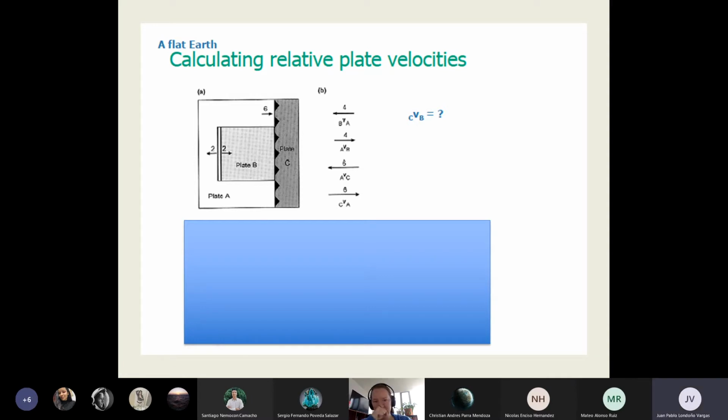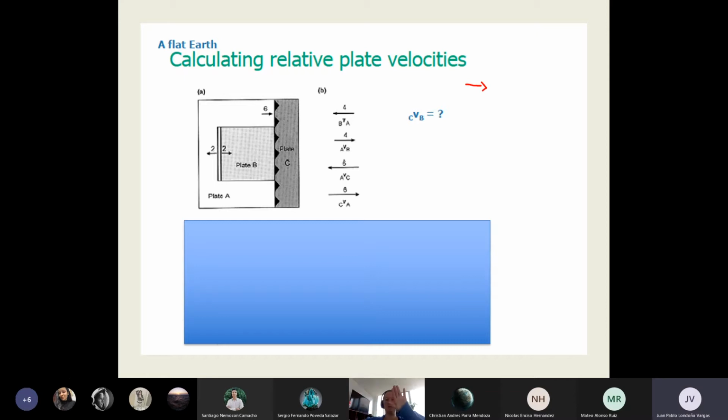How do you read the question? Okay. Velocity of C with respect to B, or what? Yes. So velocity of C with respect to B. So we're going to put B fixed and say, what is C doing? First of all, which direction is C going with respect to B? To the right.